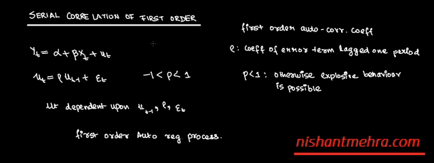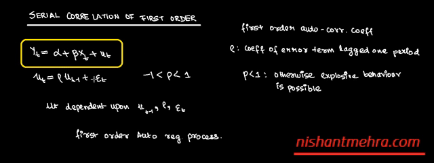Serial correlation of the first order. So we have the model, which is yt equals alpha plus beta xt plus ut. Given that, we are assuming that this error term follows this process, that is ut is equal to rho ut minus 1 plus epsilon t.